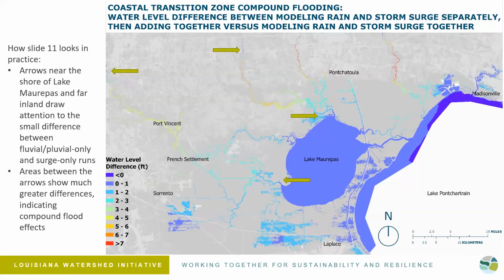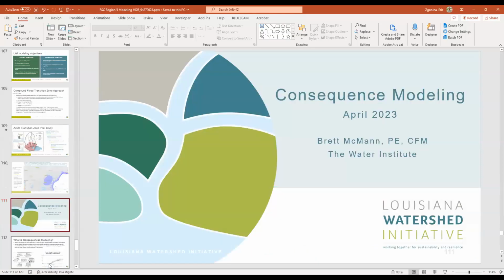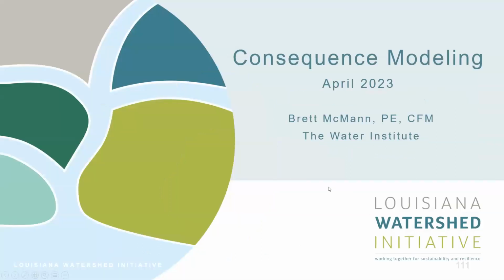These are not construed to be like FEMA regulatory products or anything like that, but it will be a much more accurate depiction of flood risk along the coast. So same thing, I'll pause for a second before I move to the last topic of consequence modeling.